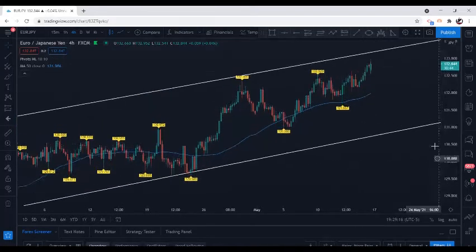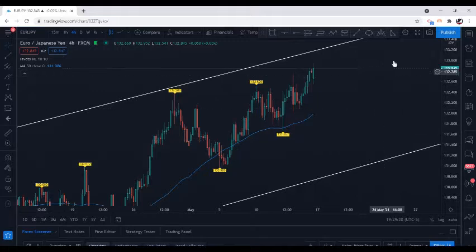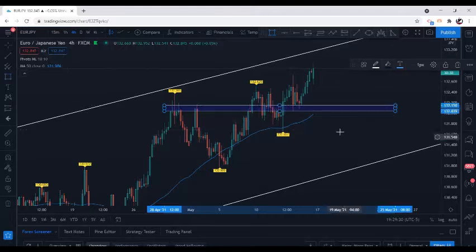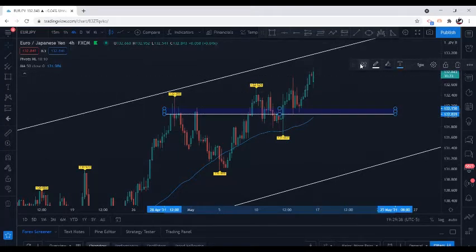If we go down onto our 4-hour time frame, we can see that price made a high right here and failed to break this high until right here, and we see price consolidated on the level before a push upwards.